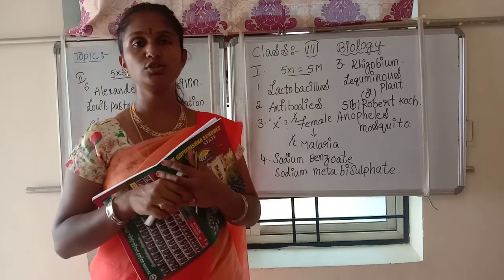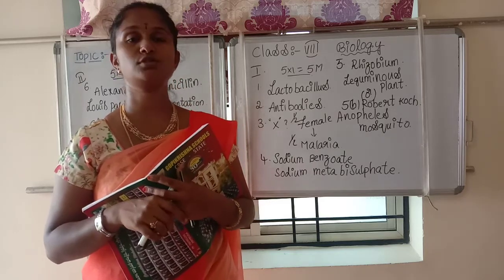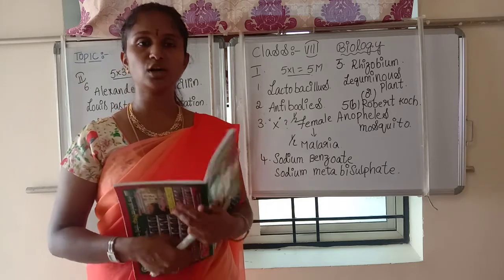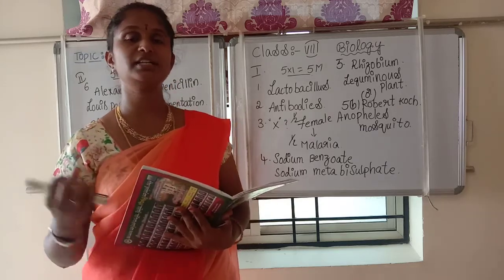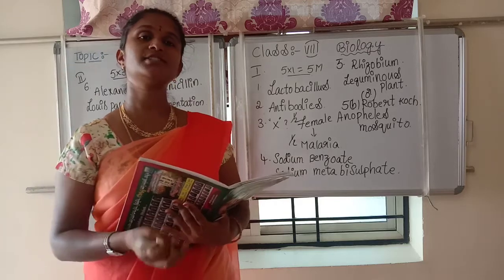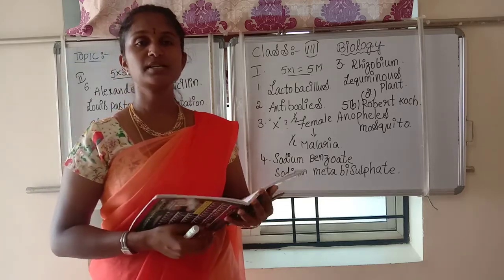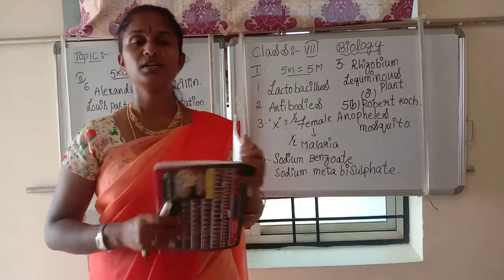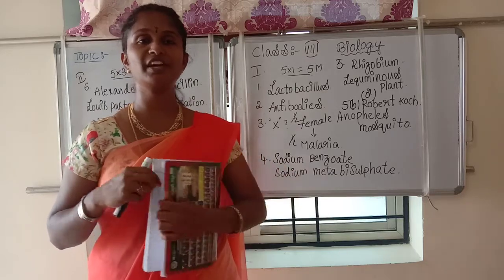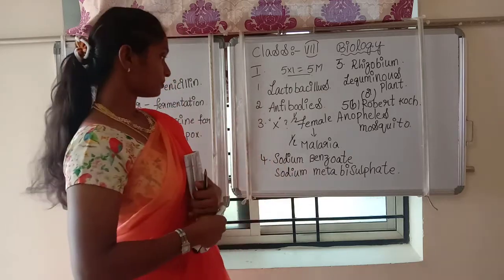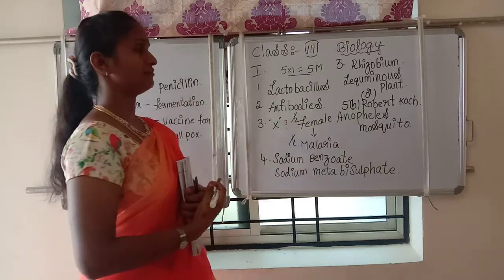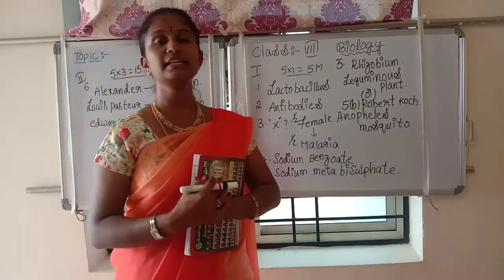That's why I told you, please practice the diagrams also. If you complete all these questions with the help of diagrams and explain the microorganisms, you may get the 5 marks. Yes, children, many people made mistakes in the third question, female anopheles mosquito. They get confused.